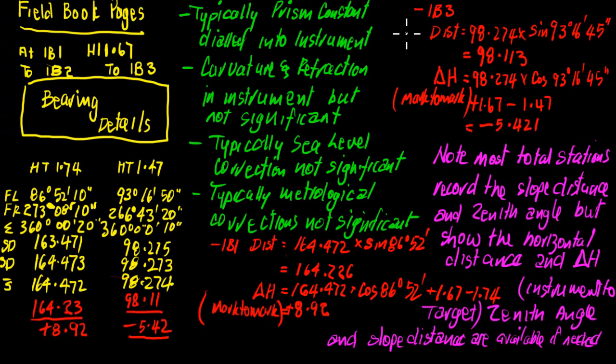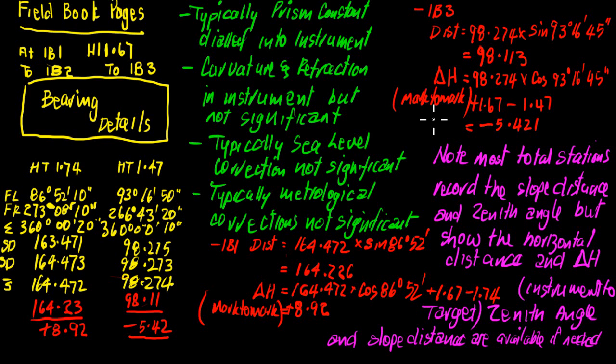Here's some things to contemplate. Typically the prism constant is dialed into the instrument, so we don't need to concern ourselves with it, and I explain that in a separate video and mention it in others. Curvature and refraction is usually in the instrument, but it's not significant for these small ones. It can be turned off, it can be set to 0 if you want to.